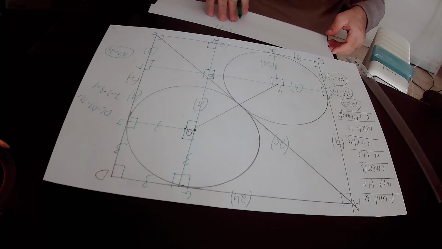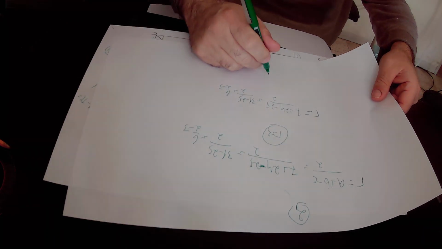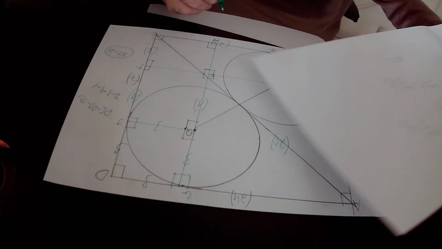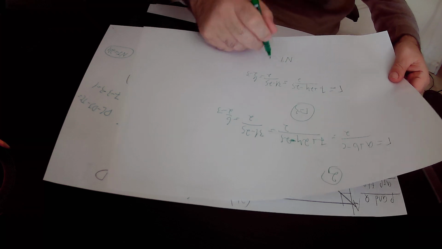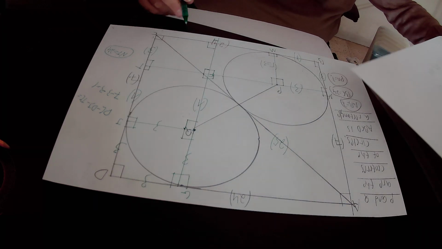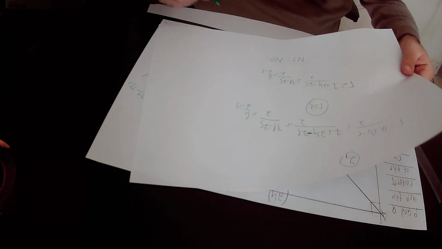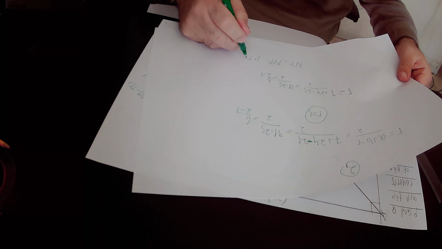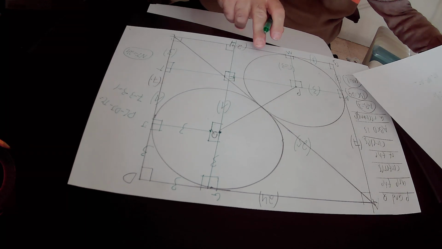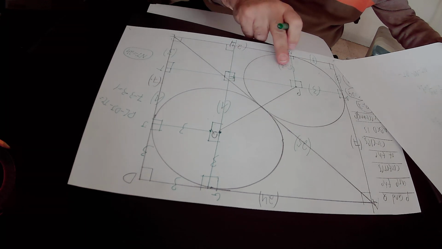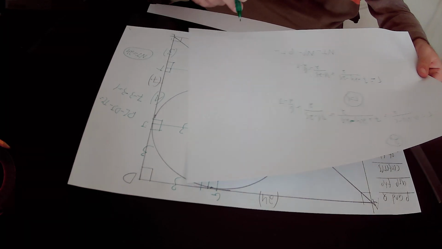I will write it down. NT minus NP minus FT must be equal to the missing side PF.